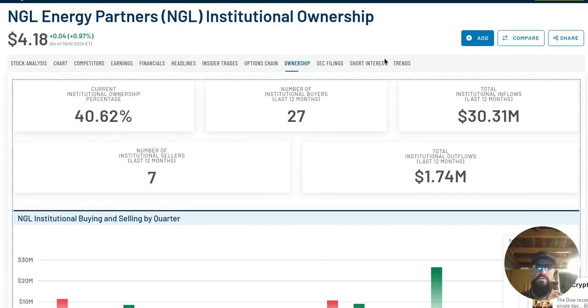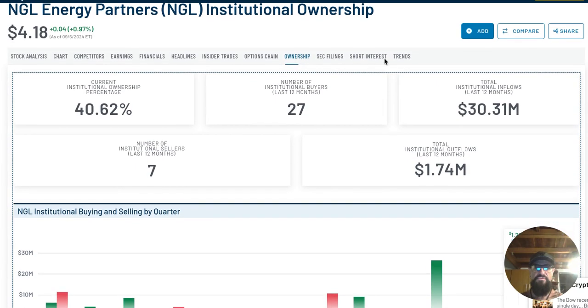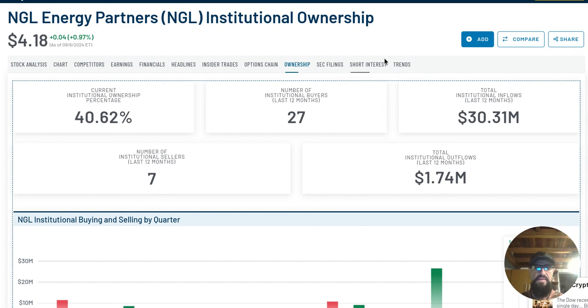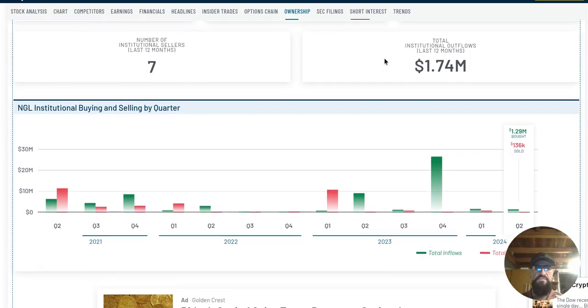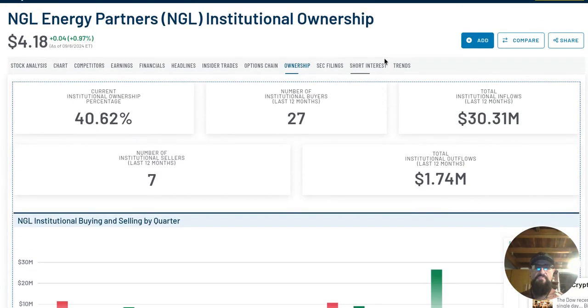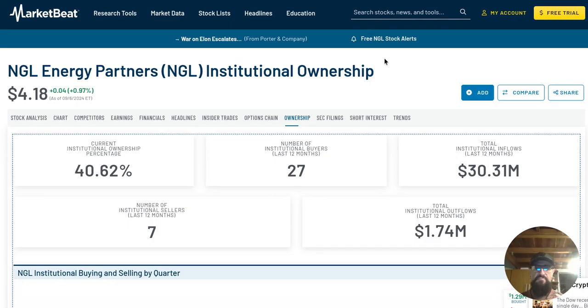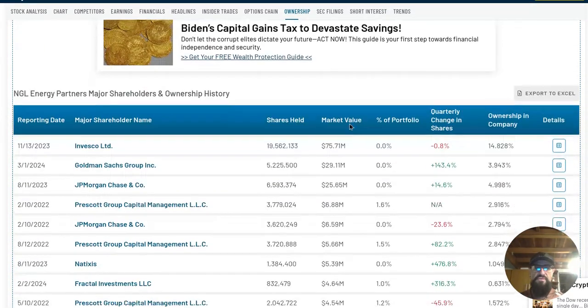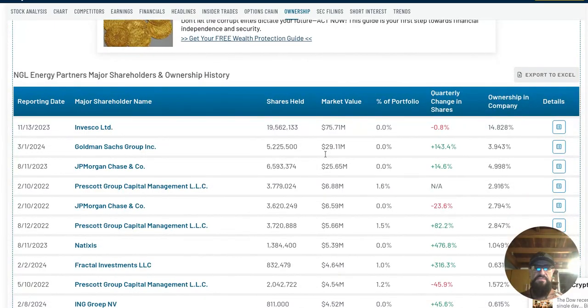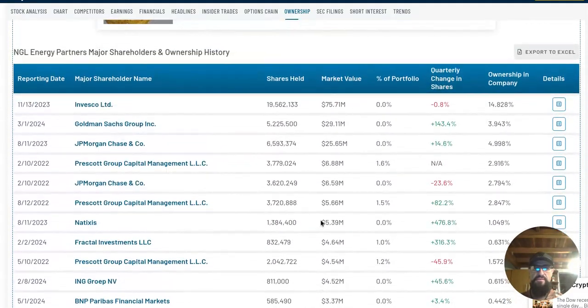Now, do not short it because I'm saying to do that. I'm not even saying that. Like I say, I stay away from companies that trade below $10 because there is a lot of trading activity, a lot of volatility. Then you can come here. This is MarketBeat. You can see the ownership, who owns the institutions, private, all of that.